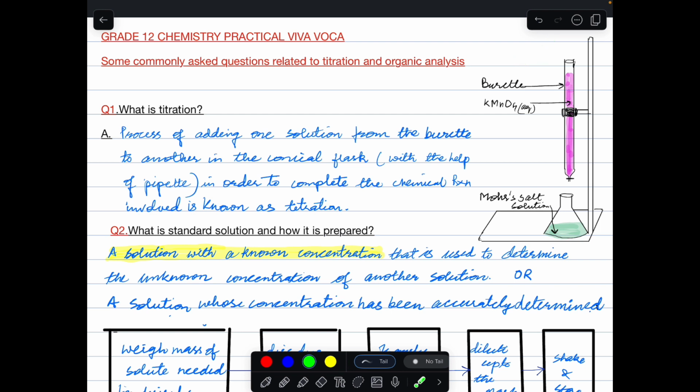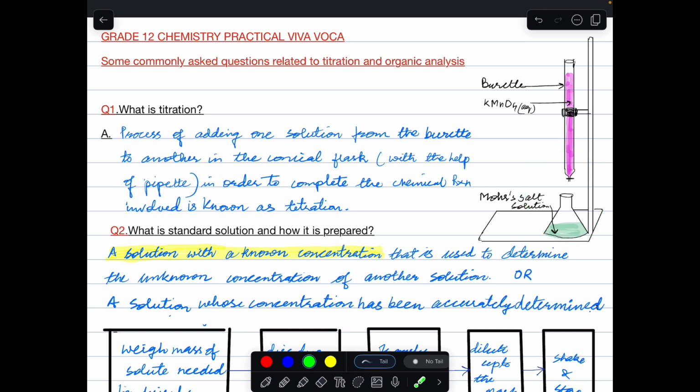In titration we have two solutions. Concentration of one solution is known and concentration of another solution we have to find out. We take a fixed volume of one solution in a conical flask that we pipette out, and then we add another solution into the first solution from the burette dropwise, and the end point will be the point where the reaction between the two substances is complete.